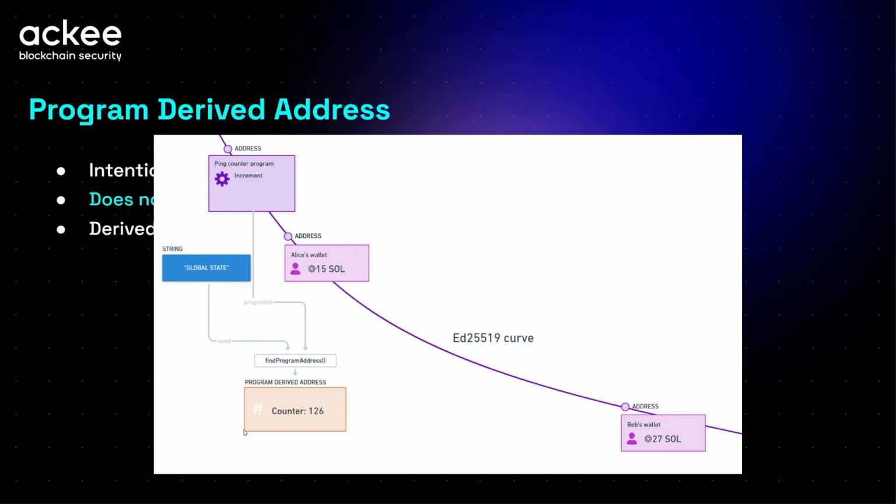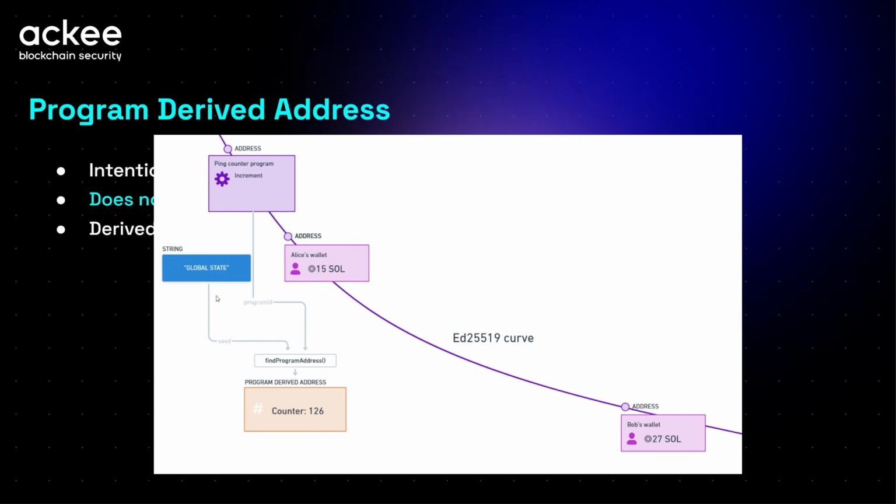And you can see that the counter account has the program-derived address, so it lands somewhere away from the curve. Here is the curve and the PDA account lands somewhere else. And within the account we have stored the value 126.